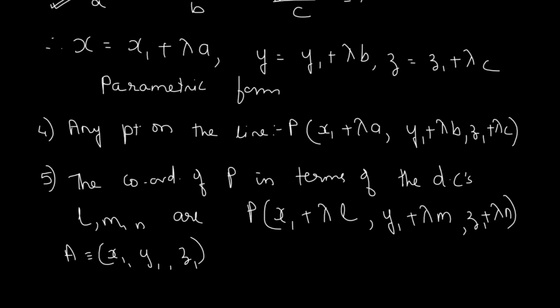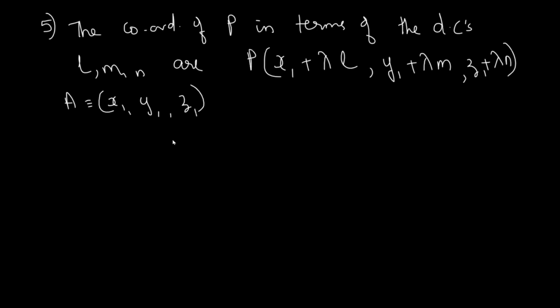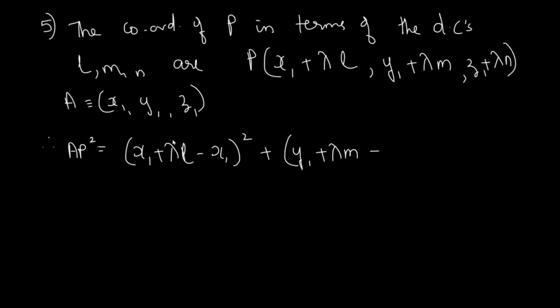Then in this case, length AP, or by using the distance formula, we have AP square, which is x1 plus lambda L minus x1 the whole square plus y1 plus lambda M minus y1 the whole square plus z1 plus lambda N minus z1 the whole square.